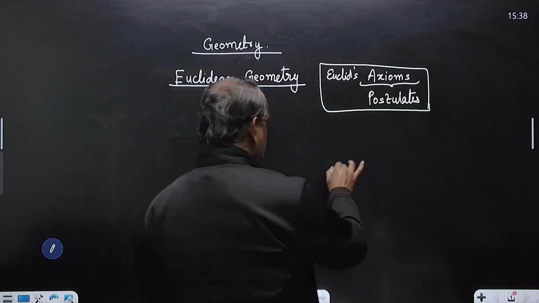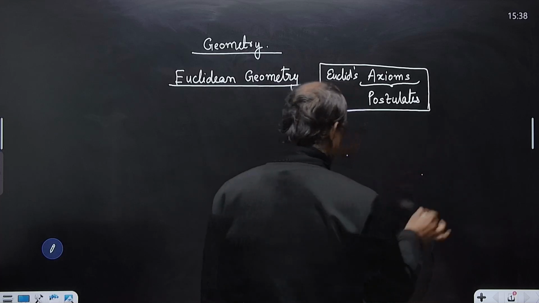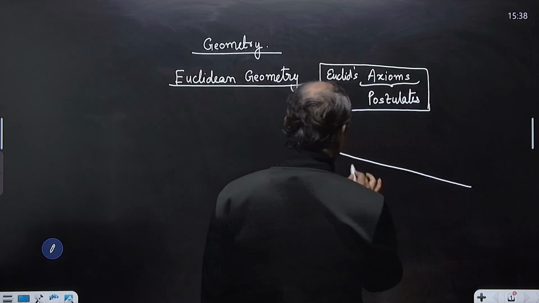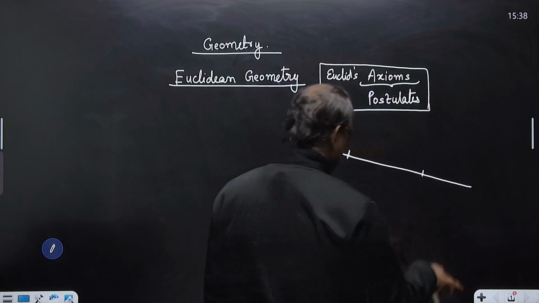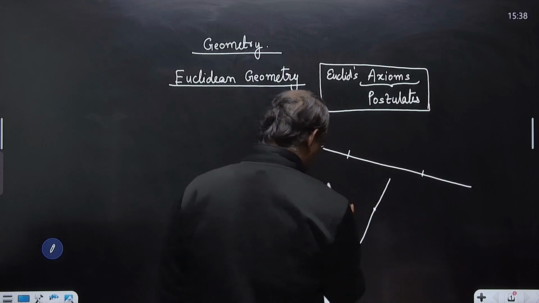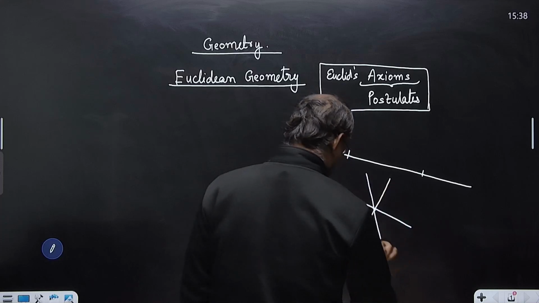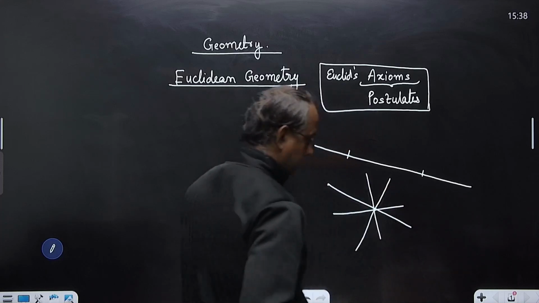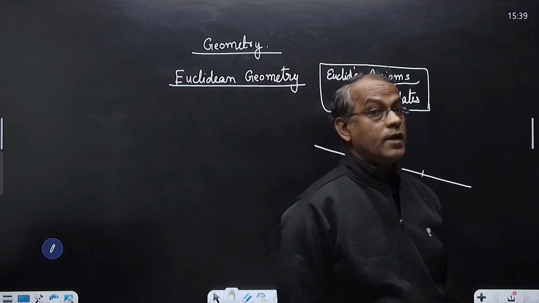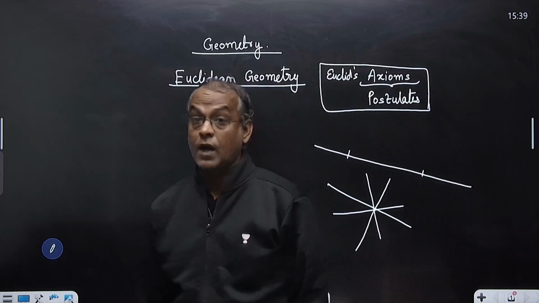If you take 2 points, we don't give a mathematical justification for it. We assume it to be true. Or from a point we can draw infinite lines. There are some very elementary notions that we take for granted.